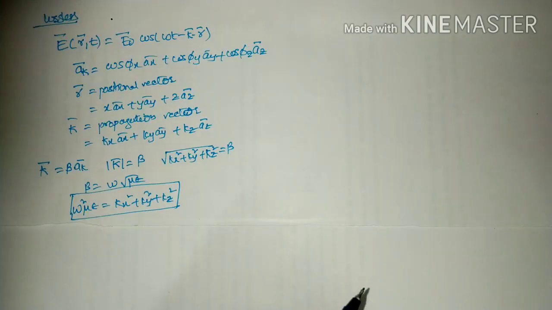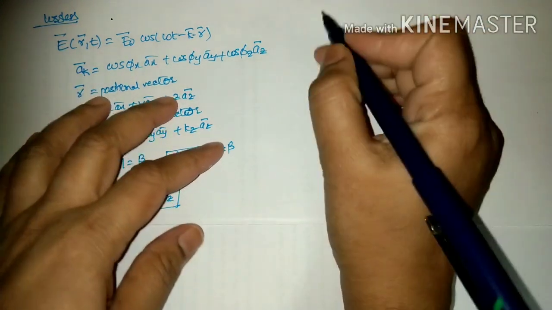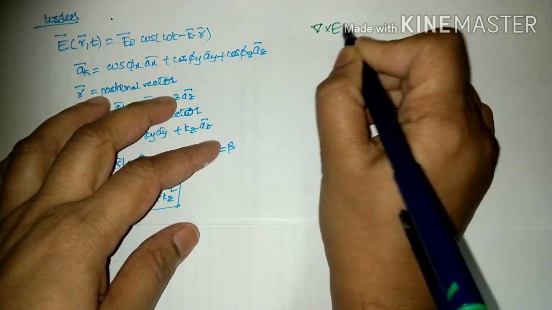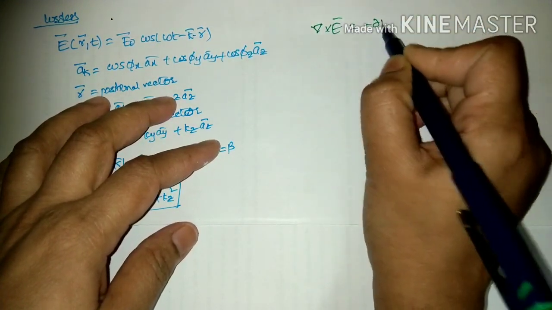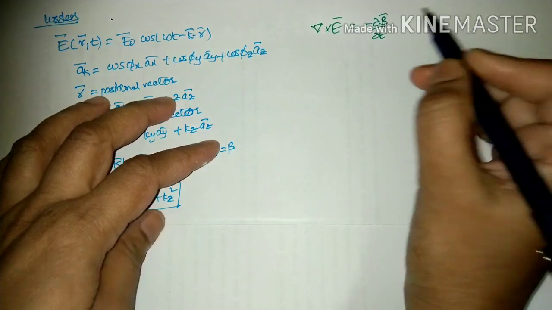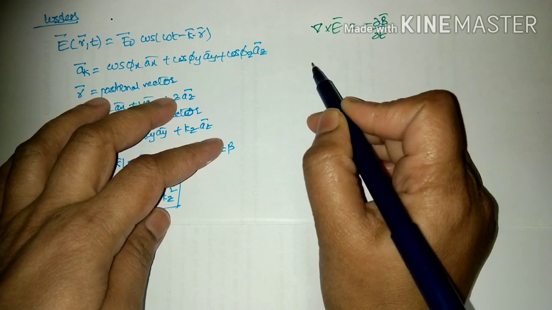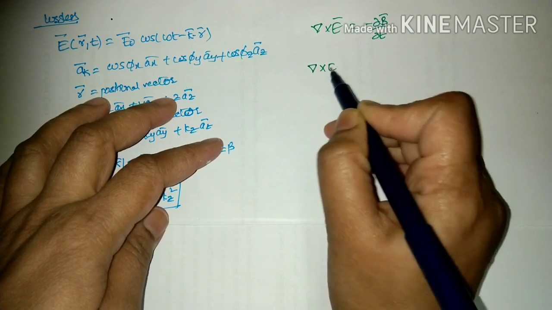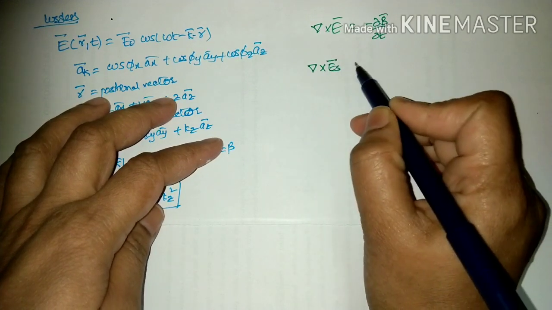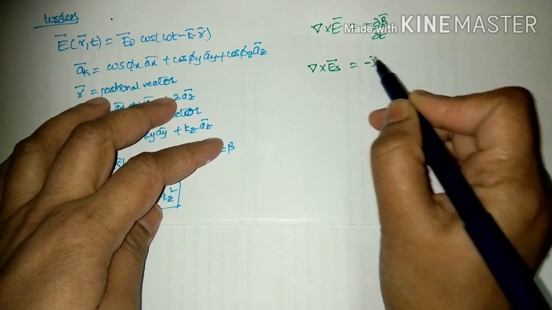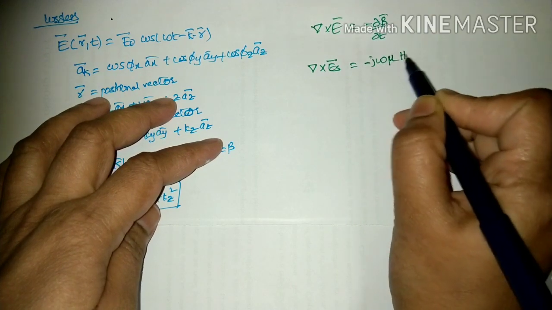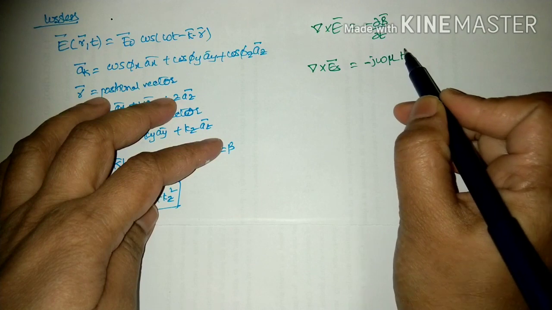Now let us start deriving the expression for the corresponding magnetic field. This can be obtained from the Maxwell's equation. Let us consider the Maxwell's equation del cross E bar is equal to minus dou B bar by dou t. If you represent the electric field in its phasor form, you can write the Maxwell's equation in the phasor form as del cross Es bar is equal to minus j omega mu into Hs bar.